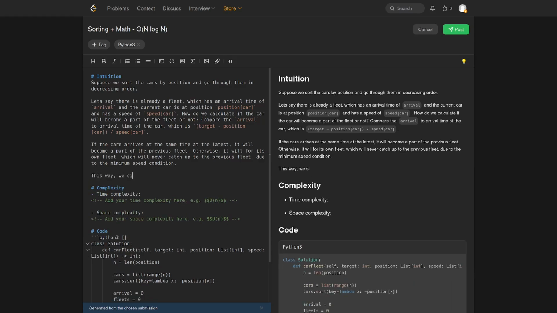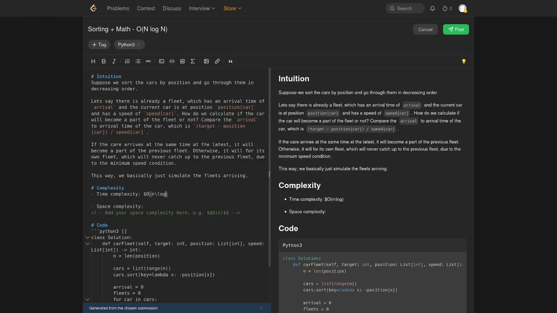This way we basically just simulate the fleets arriving.